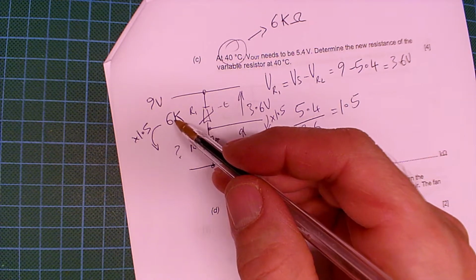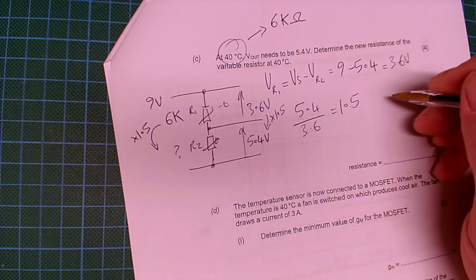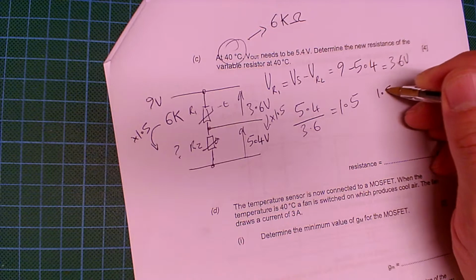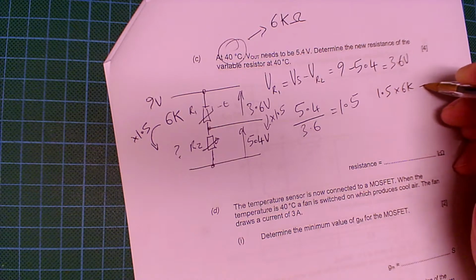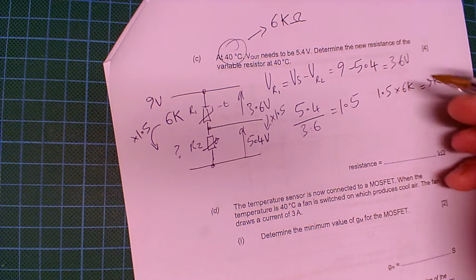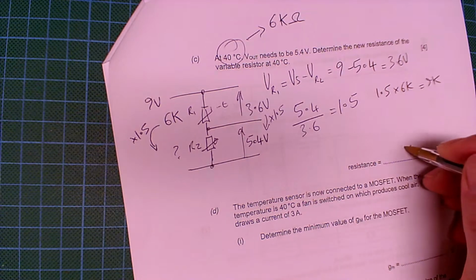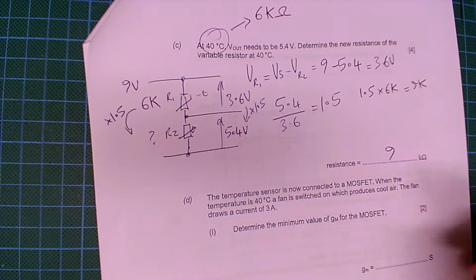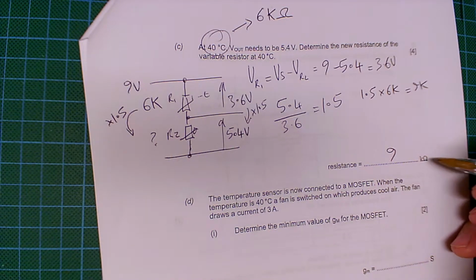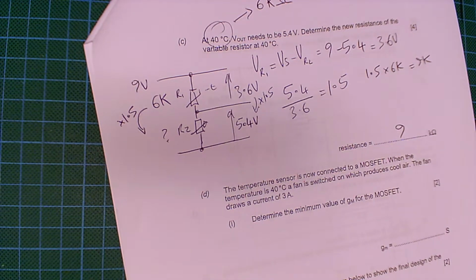Well, 1.5 times 6 is not too difficult to work out. So 1.5 times 6K is going to be 9K. So that's your answer, 9K. 9 kilo ohms. Okay, I was just about to write K, but I noticed that we've got that kilo ohms in there already.